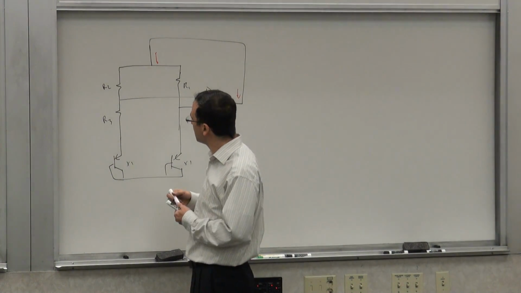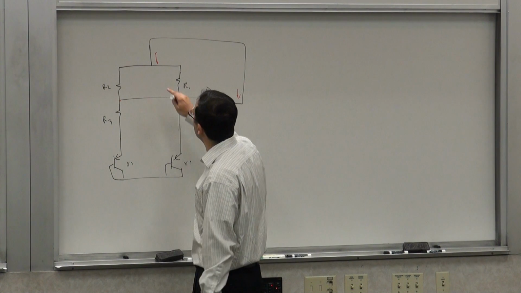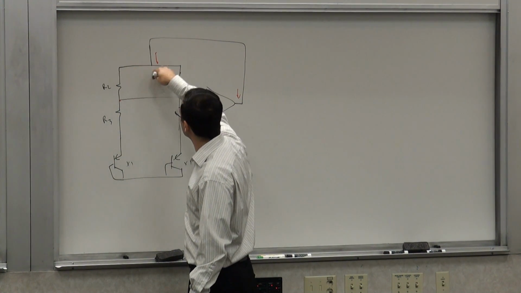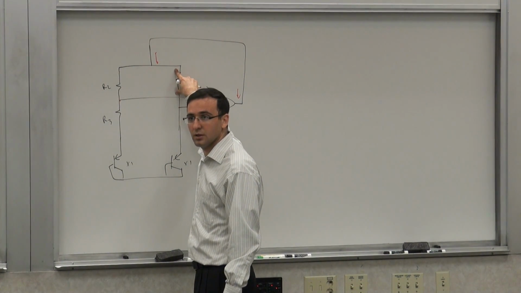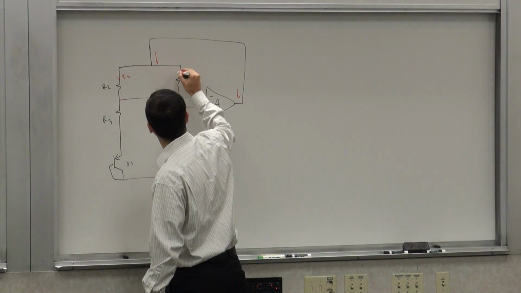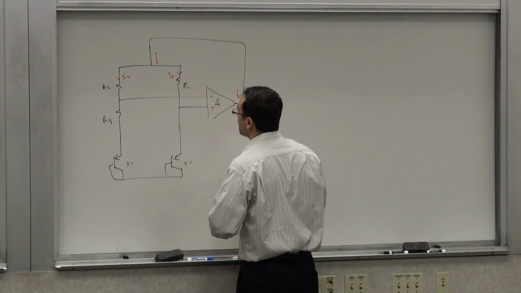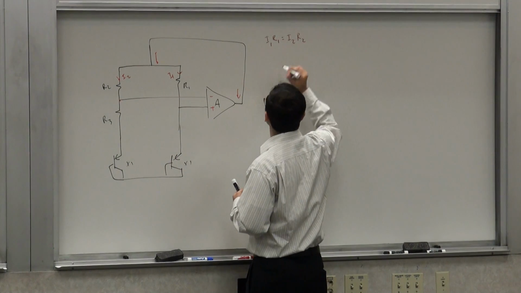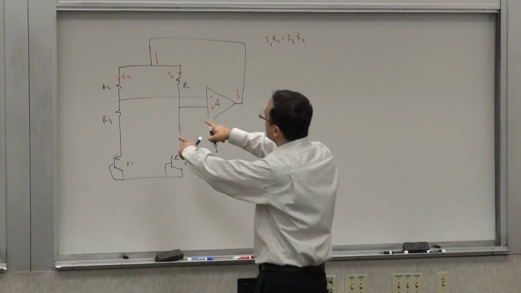So if these two voltages are equal, the same set of equations kind of apply. So what do I have? These two voltages are equal. So it means that this voltage has to be the same as that voltage, first of all. Let's call this I2 and I1. So what that means is that I1 R1 has to be equal to I2 R2. That's one thing I know. The other thing I know is that these two voltages are equal.